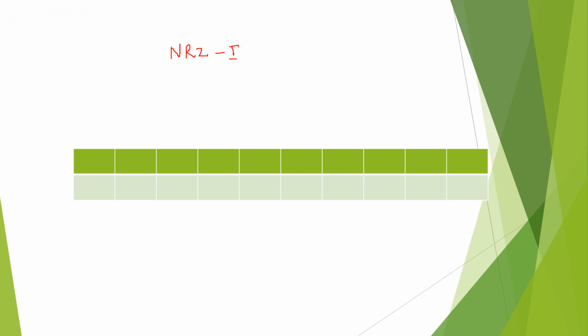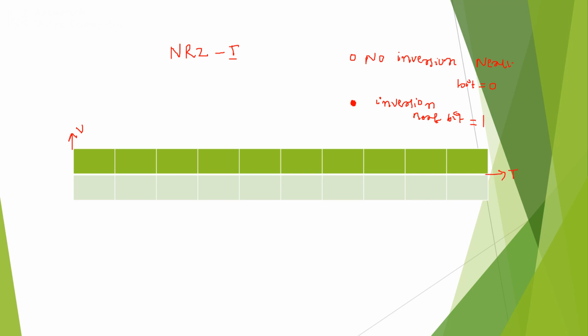That means no inversion if the next bit equals 0, and inversion if the next bit equals 1.